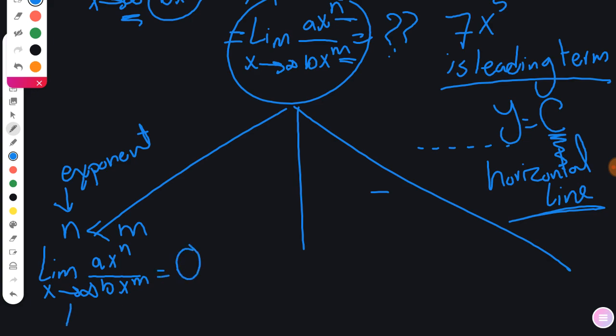For example, limit of 3x to power 2 over 5x to power 4 as x approaches infinity. Since the exponent here is less than the exponent here, the result will be 0. That is the rule you have to follow.